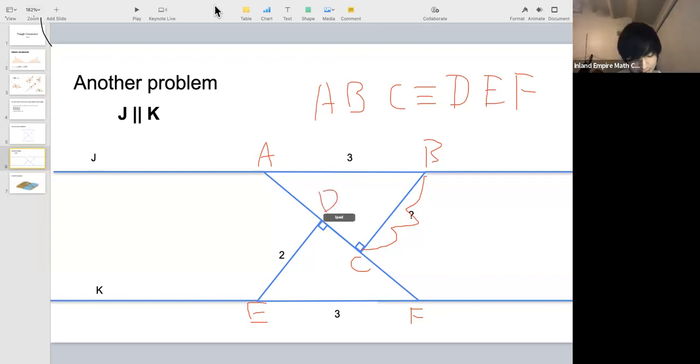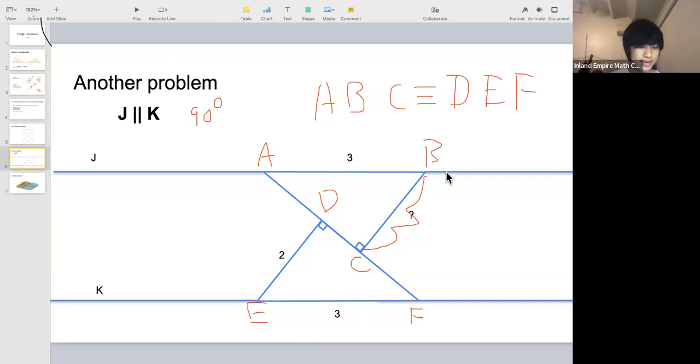So they both have a 90-degree angle. And opposite that 90-degree angle, both triangles have a side of length 3, right? You can see one here, and you can see one right here.